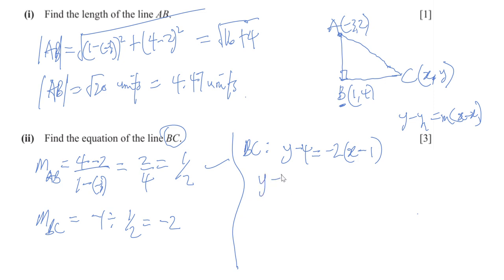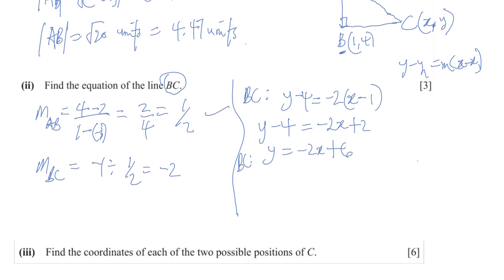So we get y minus 4 equals minus 2x plus 2. Adding 4 to both sides, you get y equals minus 2x plus 6 as the equation of line BC.